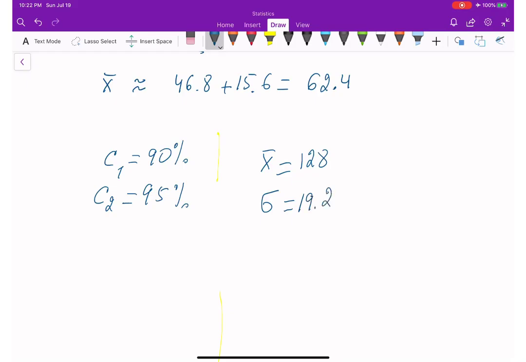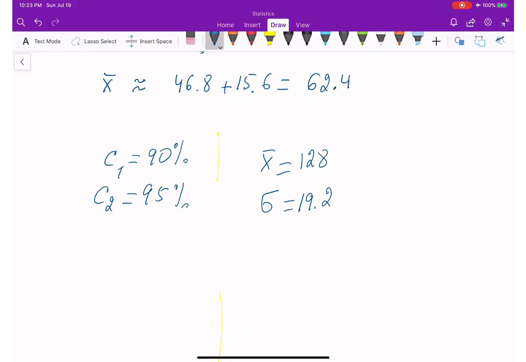So use this information to construct the 90% confidence interval for the population mean and 95% confidence interval for the population mean. All right, let's see how we are going to solve it.